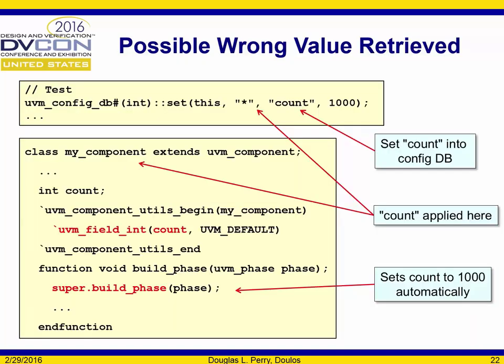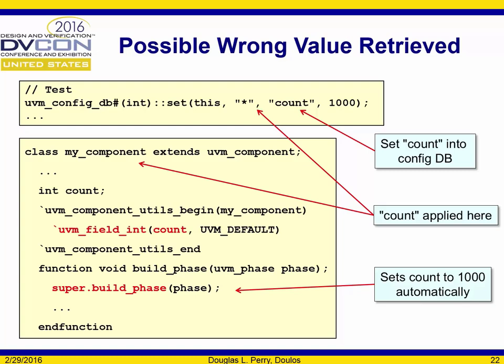So for instance, now this is probably not a smart way to do this particular set, but you'll see the idea. Let's say I have a config DB set where I'm specifying count to be the value 1000. But what I've done is I've said, okay, starting from the test and apply it to anywhere. Yeah, probably not a good idea, but for this example, we're showing how you might do this. I mean, it could be that it's a global thing, and that's fine. But just pointing out that in general, you probably want to target these things more directly.